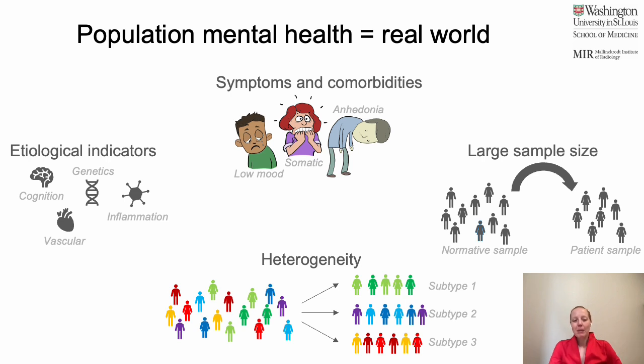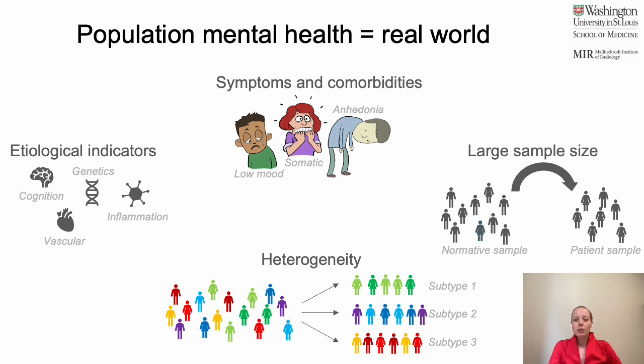And so I think the UK Biobank is a really exciting opportunity to study real world mental health in all of its messiness. And so that gives us an opportunity to investigate symptoms and comorbidities, to look at etiological indicators using some of the other measurements that are available in the UK Biobank.